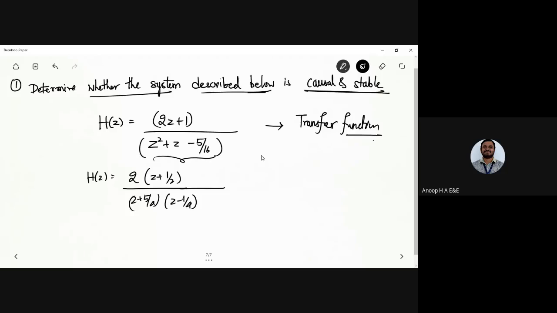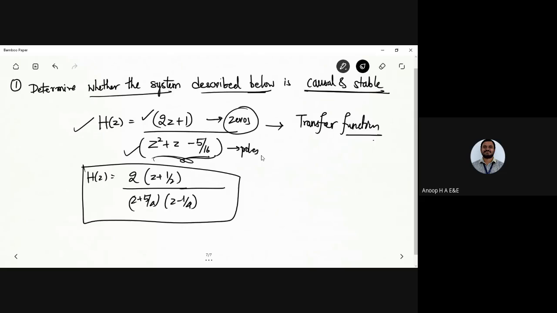Factorize this and you will get the poles. The numerator term, expressed as a polynomial in z, will give you the zeros, and the denominator term will give you the poles. So H(z) being the transfer function, you can reduce it to this form.